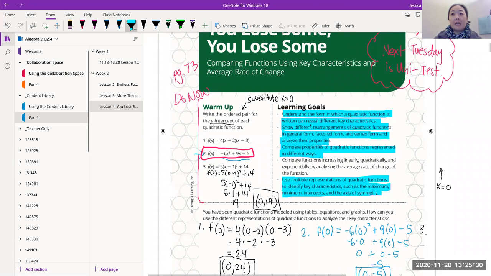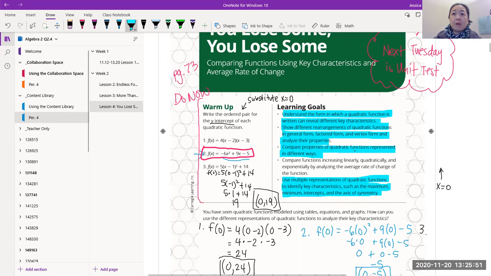Our learning targets for today are understanding the form in which a quadratic function is written can reveal different key characteristics. Remember, we learned 3 different forms, and each form tells us something a little bit different. And then also show different rearrangements of quadratic functions in general form, factor form, and vertex form, and analyze their properties.